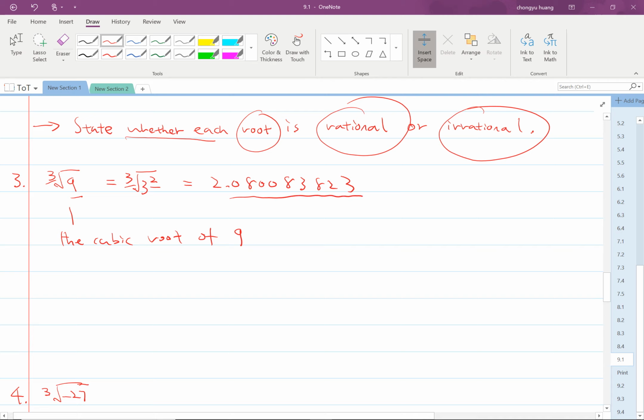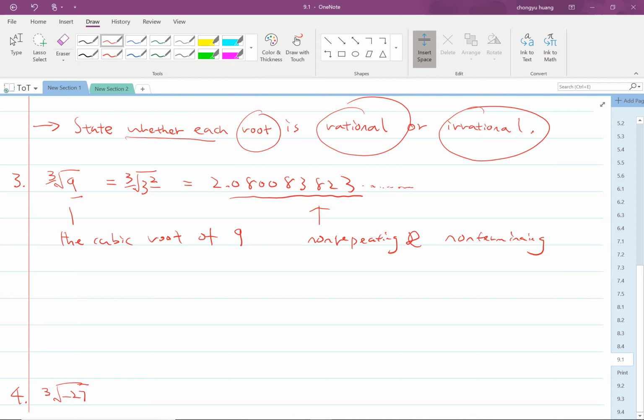As we talked about before, irrational numbers tend to have non-repeating and non-terminating decimals, right? The number over here is non-repeating, and it's going to continue, it will never end, so it's non-terminating.